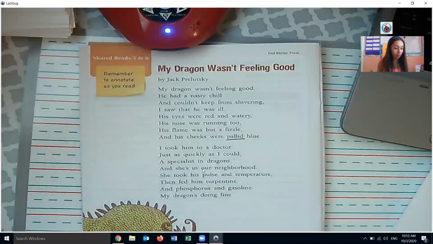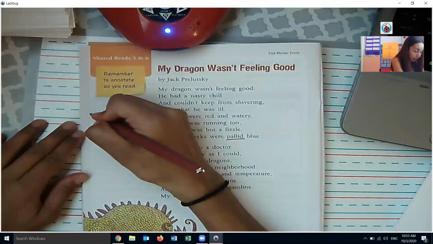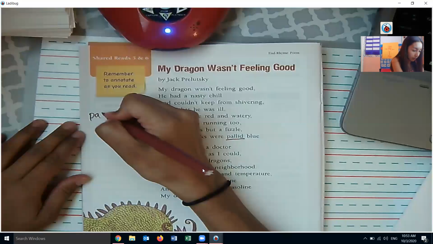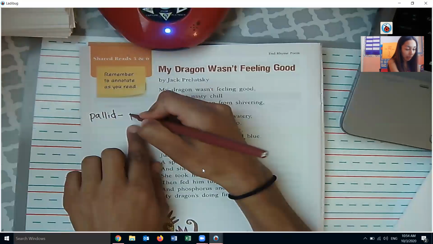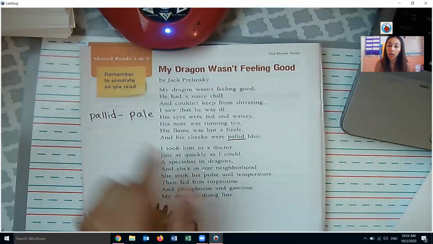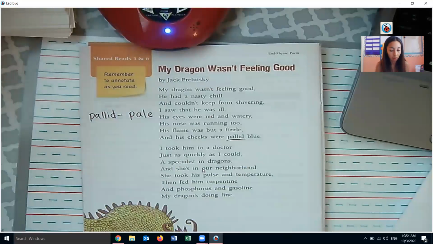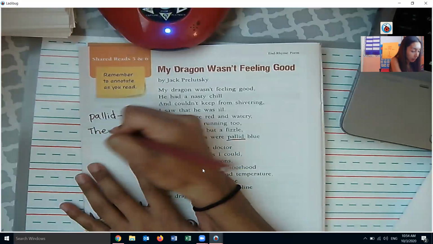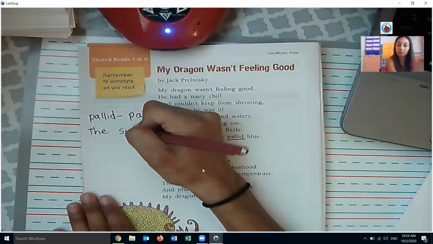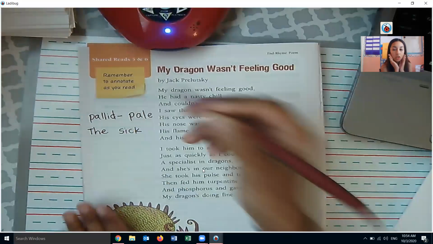Okay, so the activity was looking for the word pallid in the dictionary, and when I looked it up, it meant pale. So kind of like having no color. Pallid is pale, having no color. So it says you look it up in the dictionary and use it in a sentence. So maybe kind of like the dragon, when you're sick, sometimes your face, your skin doesn't have much color to it.